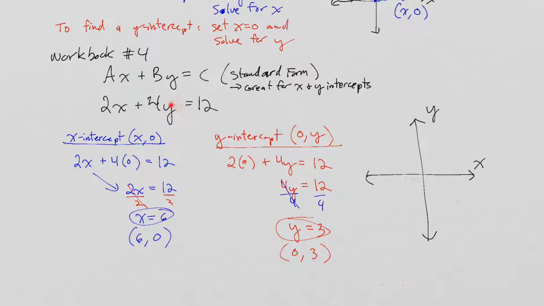For the y-intercept, I want to find this y. This is 0, so all you're thinking is 4 times what is 12, and that's 3. And so you can just quickly do 3 for y and 6 for x.